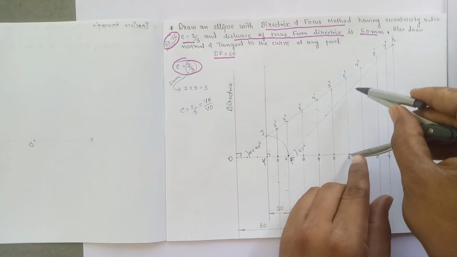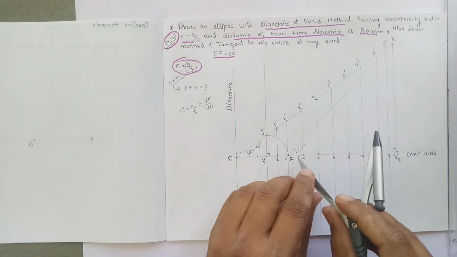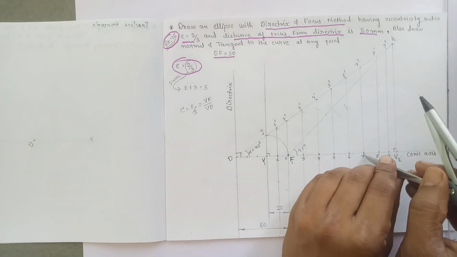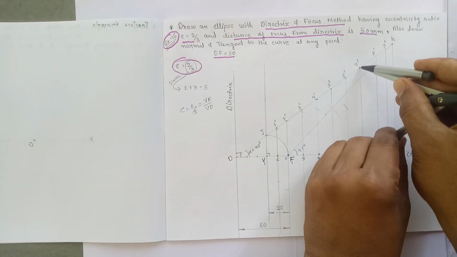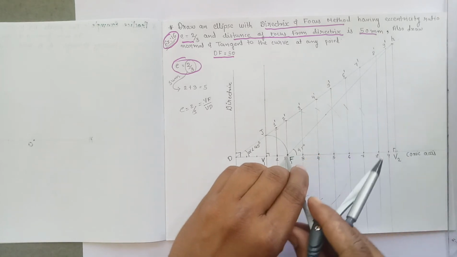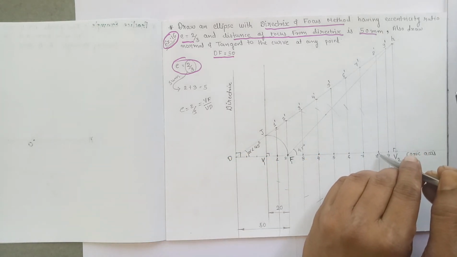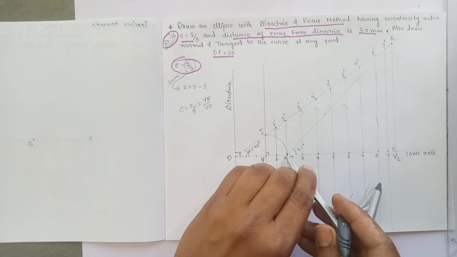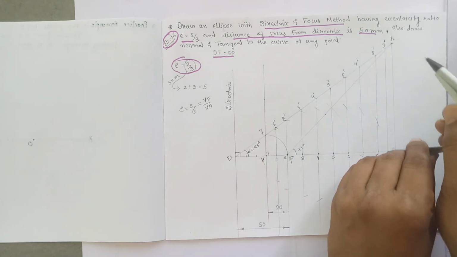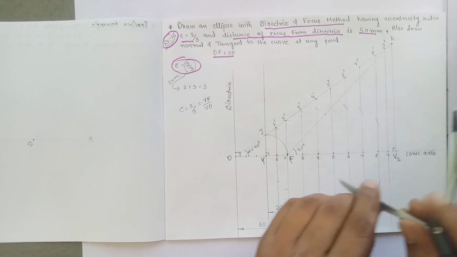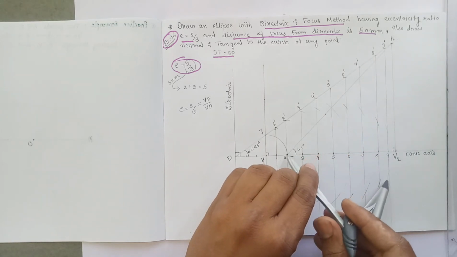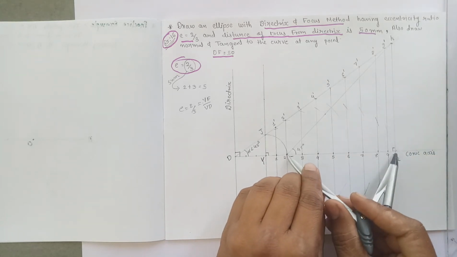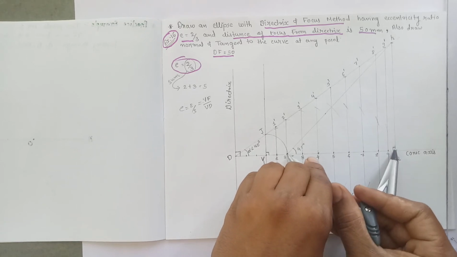Same, measure the distance of 6 to 6 dash on the rounder, give an arc from the focus point on the line 6 6 dash. 7 to 7 dash, give an arc from the focus point on the line 7 7 dash. 8 to 8 dash, give an arc from the focus point on the line 8 8 dash. 9 to 9 dash, give an arc from the focus point on the line 9 9 dash. And V2 to H, give an arc from the focus point, it will intersect exactly at V2.